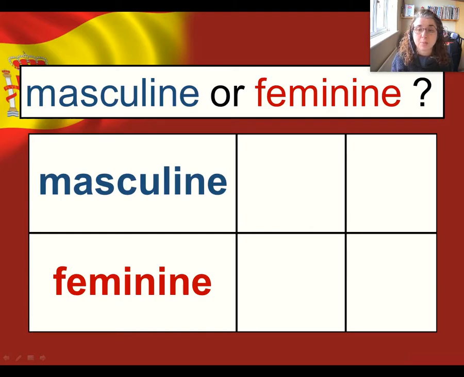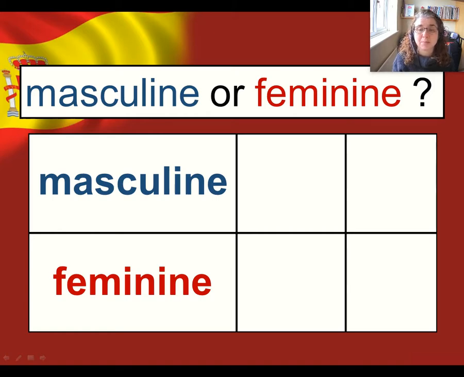So let's have a recap about what we already know about masculine and feminine. We know that all of the nouns in Spanish are split into two groups, the masculine group and the feminine group, and each of those groups follows slightly different rules and slightly different patterns.